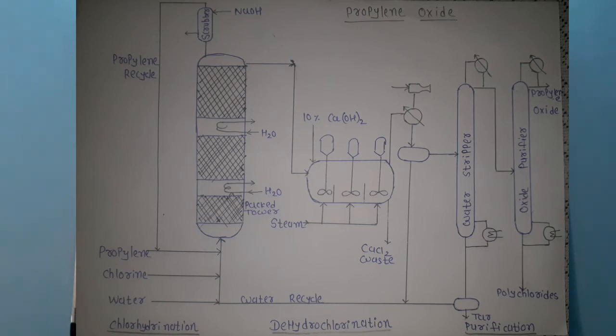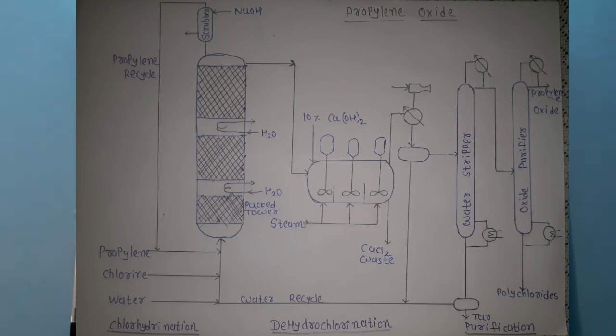Now the product stream is then scrubbed with lime, 10% Ca(OH)2, to remove chlorine impurity as CaCl2. As you see, CaCl2 impurity is there.